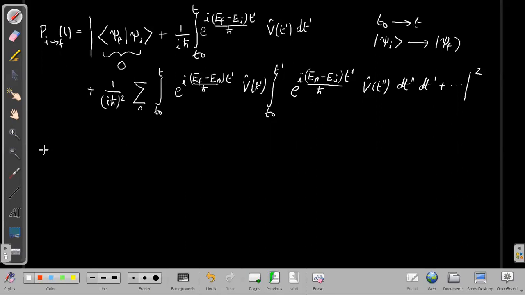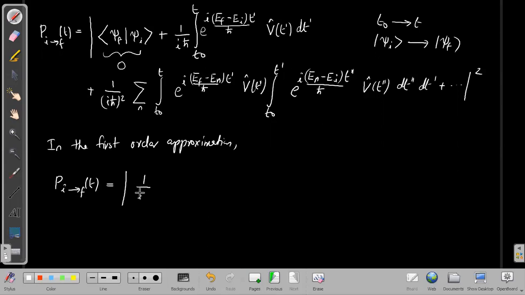So in the first order approximation, the probability of transition from the state psi i to psi f within the time t0 to t is simply equal to mod of 1 by i h cross integral t0 to t, e raised to i (Ef minus Ei) t prime by h cross, and V at t prime.